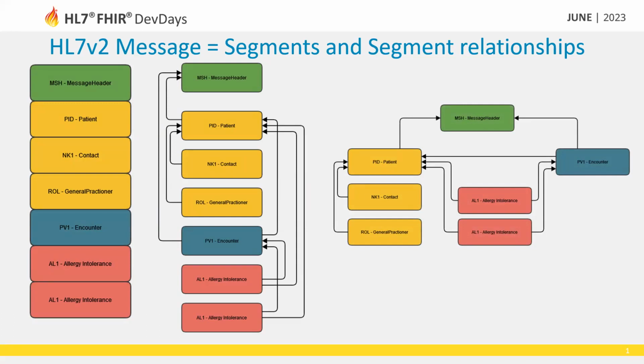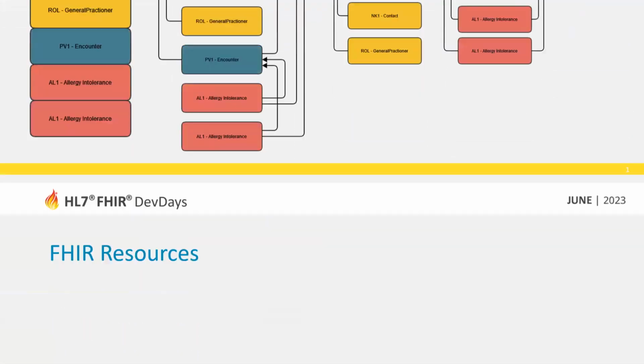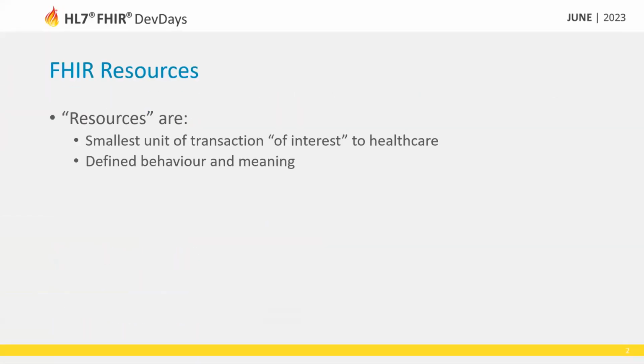And that's exactly what we're doing in FHIR. We're again going for reusability, but now not for segments, we're calling them resources, and for explicit references between those resources. If you know version 2 relatively well, you go like, oh, resource, that's a reusability concept, much like a segment in version 2.